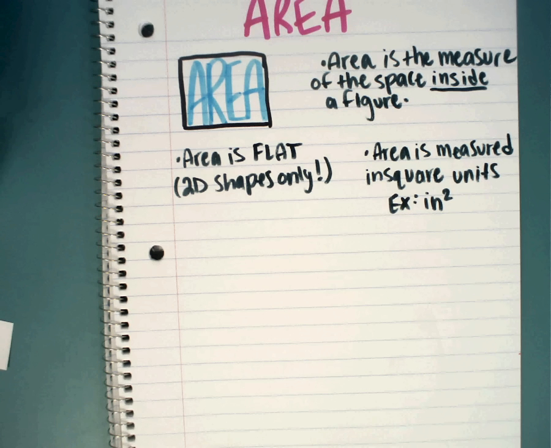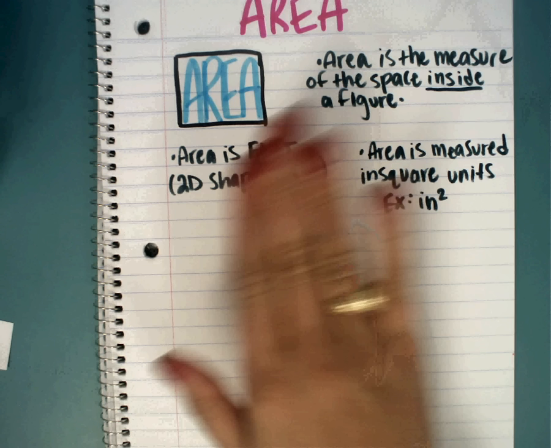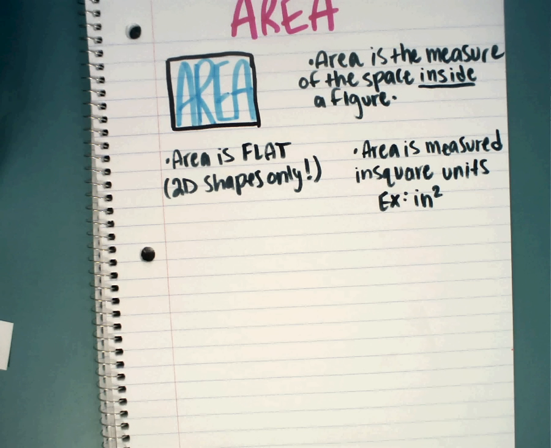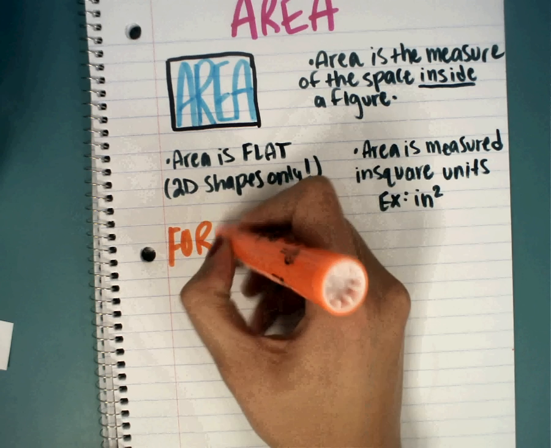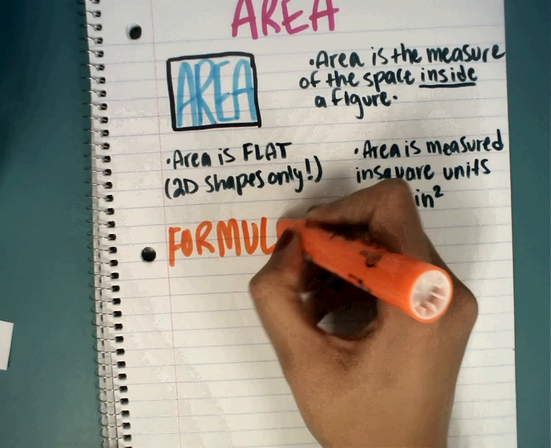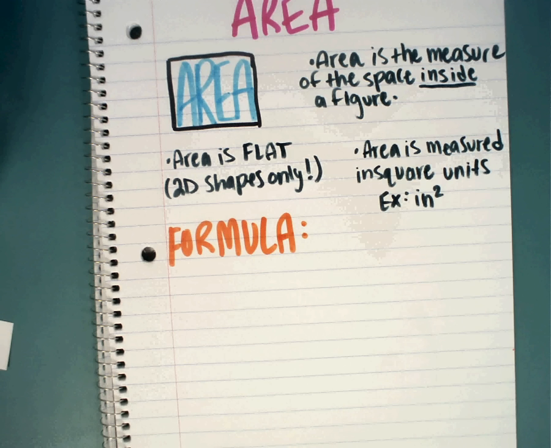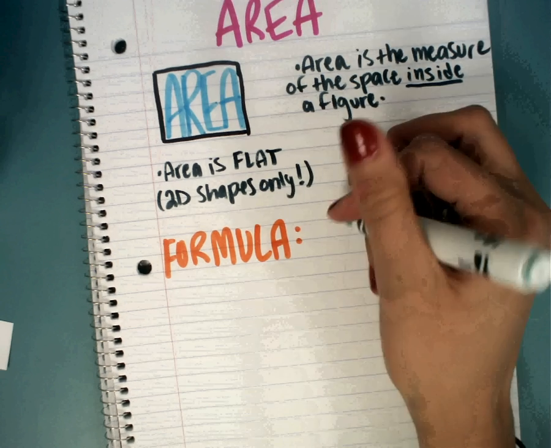All right, so here are the formulas. Let's go ahead and get that orange again. Formula. The formula is going to be A equals L times W, okay?